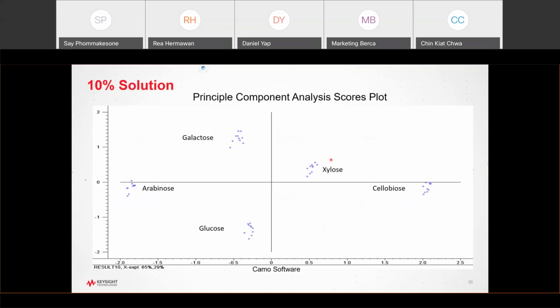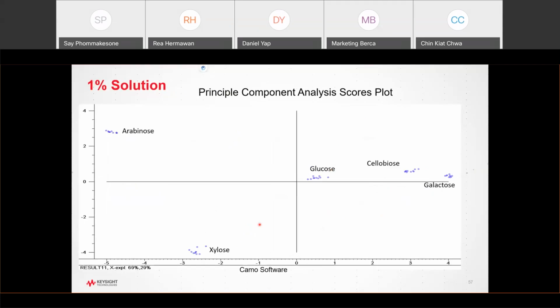They measured it many times, and you can clearly identify which group belongs to which sugar. And this is the 1%. Even though some of these are closer to each other, you can still clearly tell which group of sugar it belongs to.